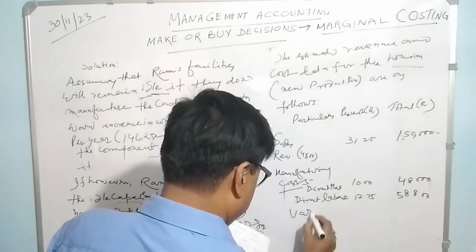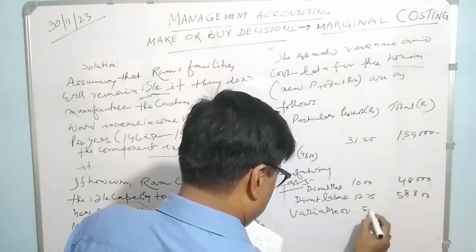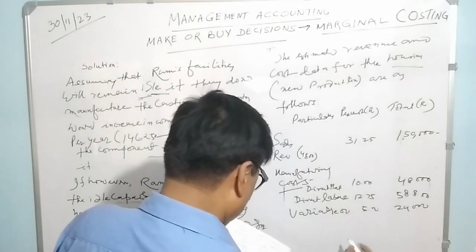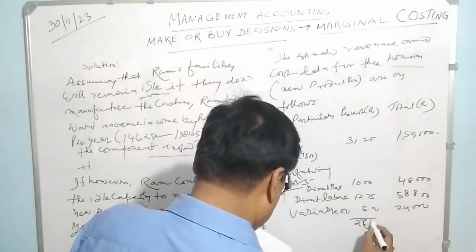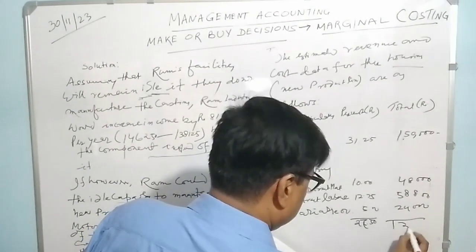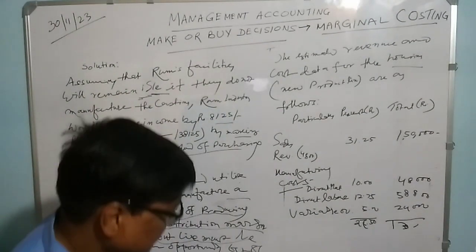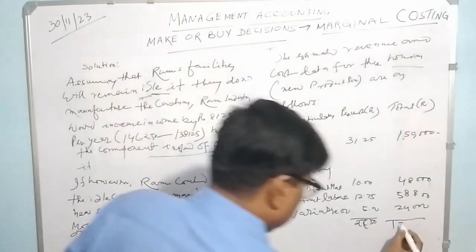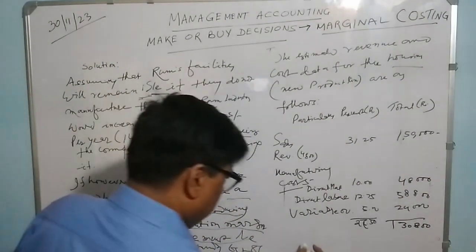Variable overhead, 5 rupees, 24,000. So your total cost will be 27.50 per unit, and this will be 1,30,800.